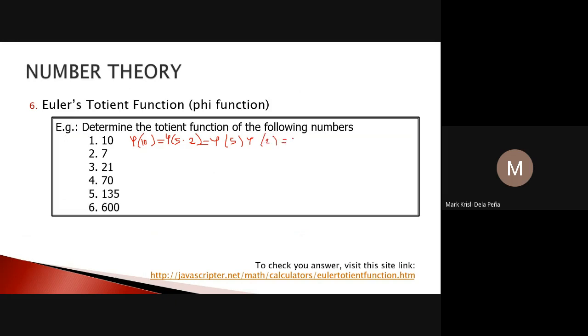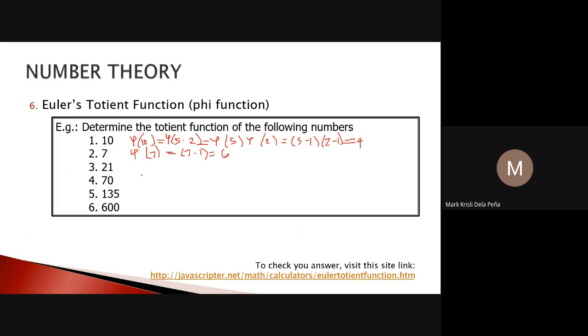So that's 5 minus 1 times 2 minus 1. So that's 4 times 1 is 4. 7, since it's a prime number, is just equal to 7 minus 1. So we have 6.